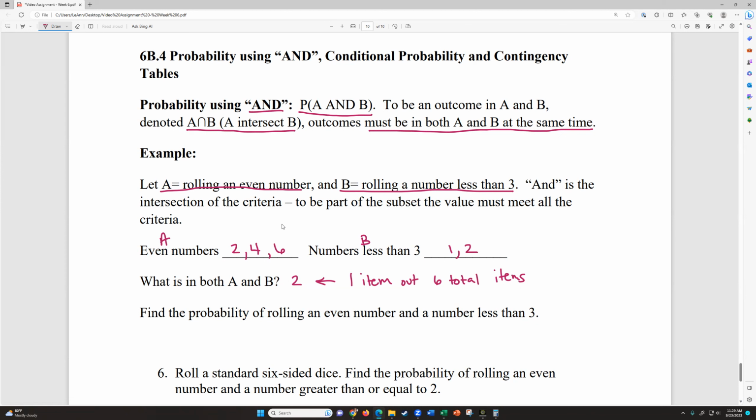So be very careful about that. So find the probability of rolling an even number and a number less than 3. So probability of even and less than 3, we saw that there was only one side of a die that fits that. It's the face 2, out of 6 total sides on a die.